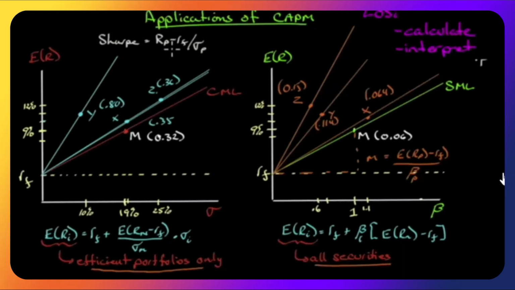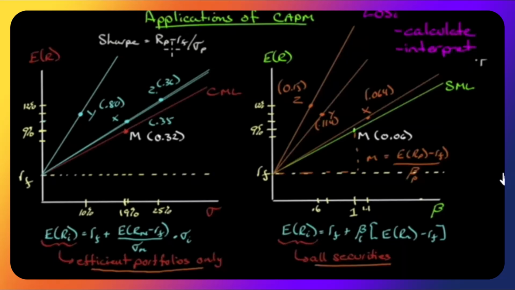Sorry, I did that wrong. 0.65%. Anything positive means we have excess return. Anything positive is good. But now we're just adjusting that for risk. So that's a risk-adjusted return.